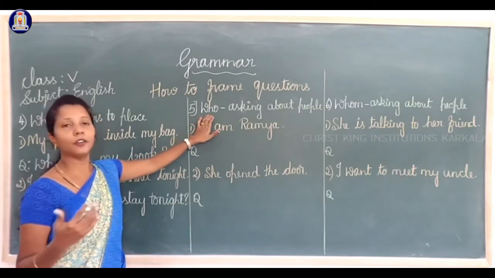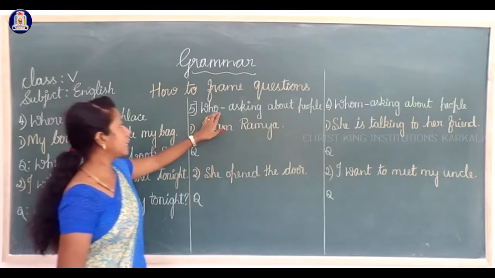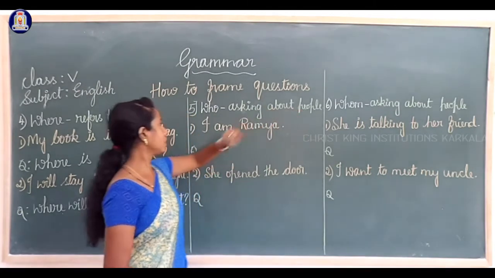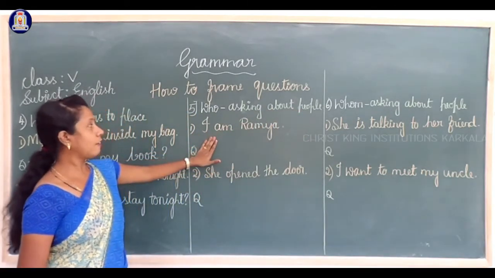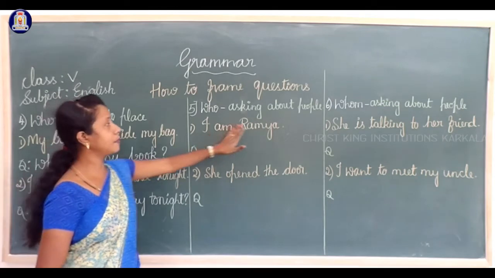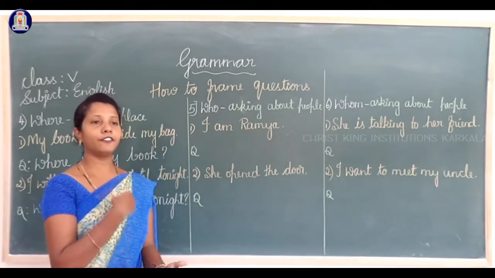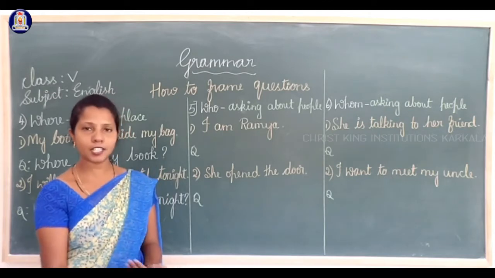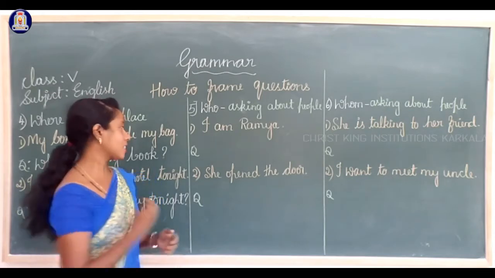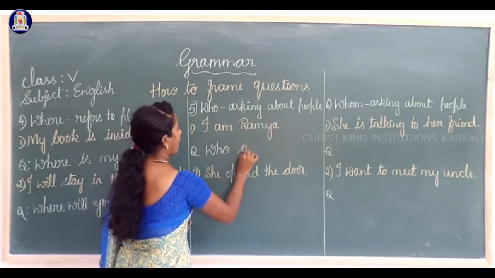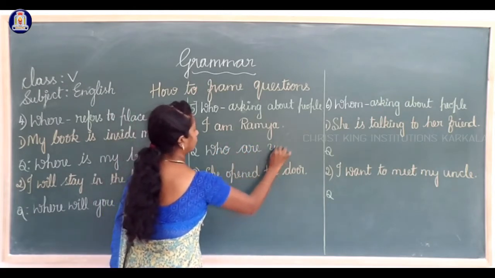Okay, now let's move to the next one, that is who. When do we use who? Who is for asking about people. Now I have written here, I am Ramya. So how do you form a question? If you are Ramya, how do I ask the question? Yes, who are you?